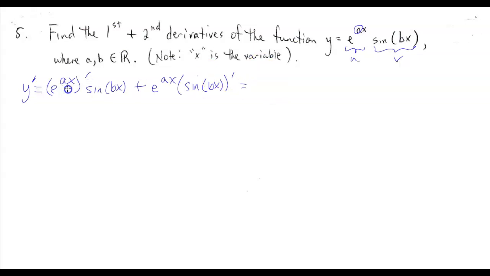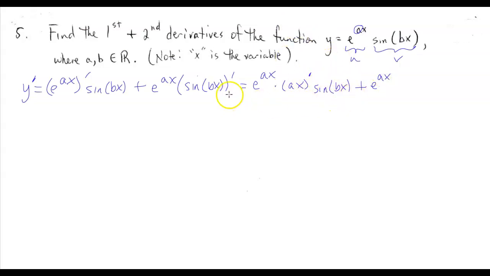And for here, if I'm going to take the derivative of e raised to the ax, then realize that this is me taking the derivative of a composition function. So I say, what is the derivative of e to the blah? The derivative of e to the blah is just e to the blah times what is the derivative of ax? And of course, we know that the derivative of ax is just going to be a. So I'll leave that and we'll tidy that up in the next step.